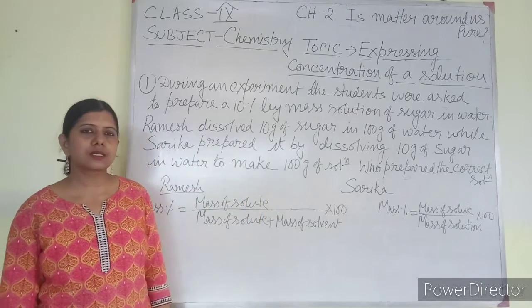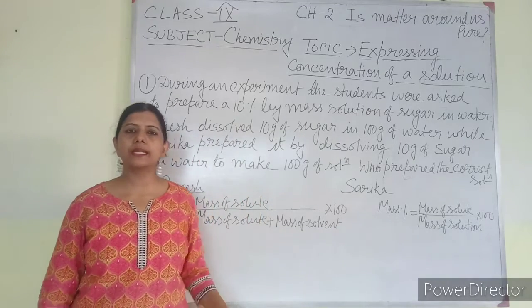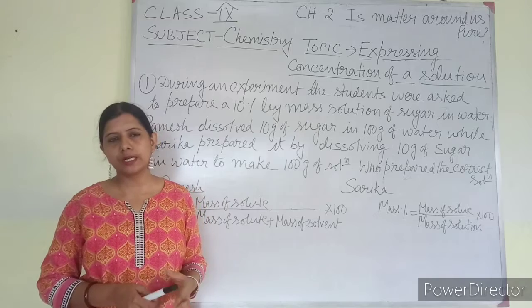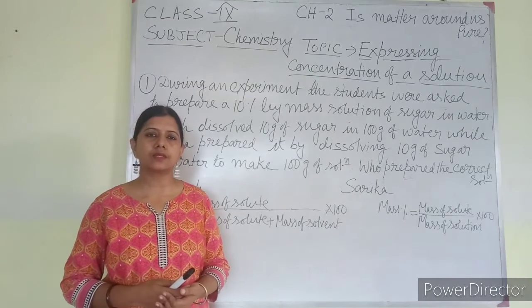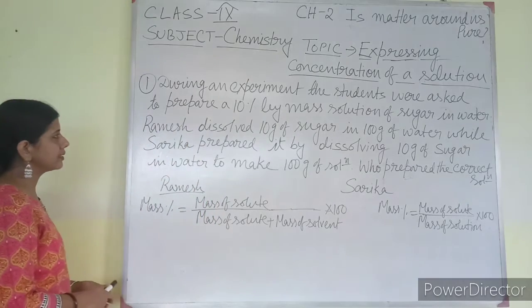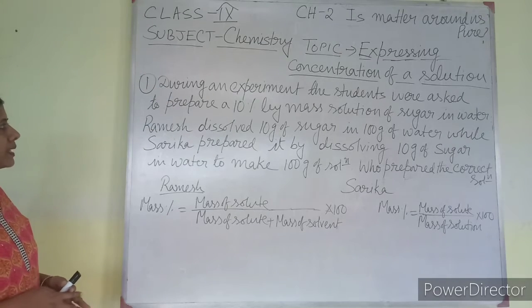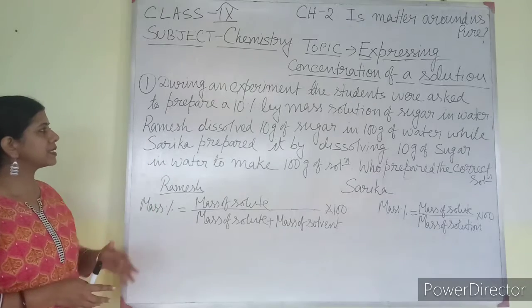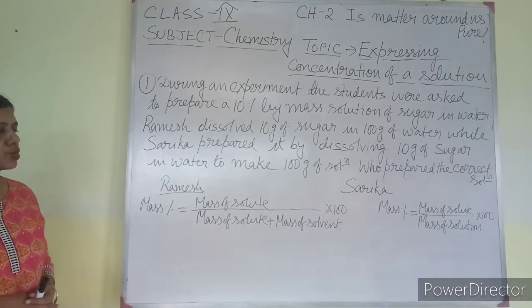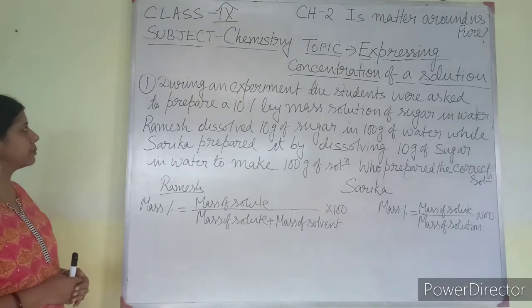Now I am going to discuss one numerical based on the formula that I told you, to find out the concentration of the solution. I have written one question here.